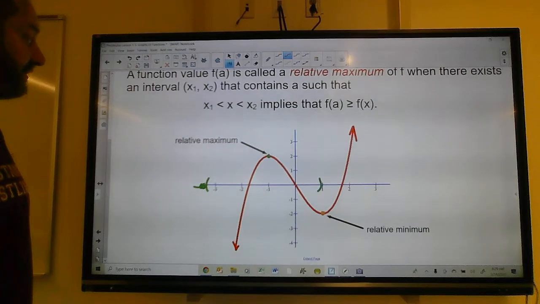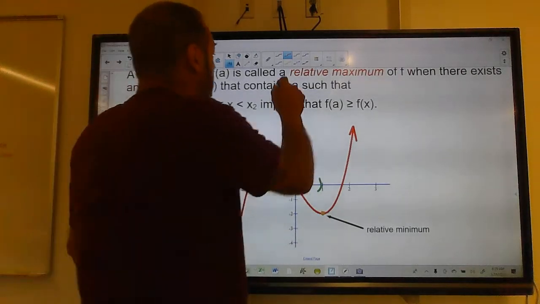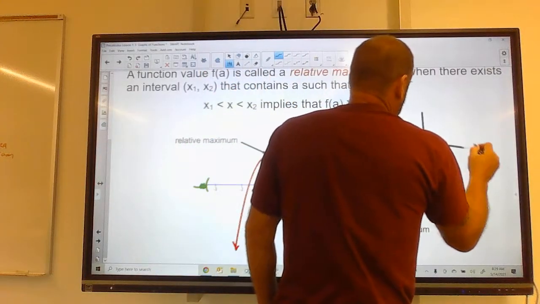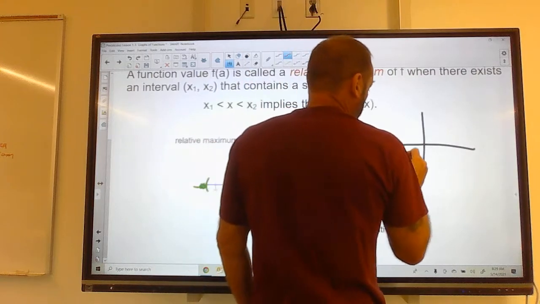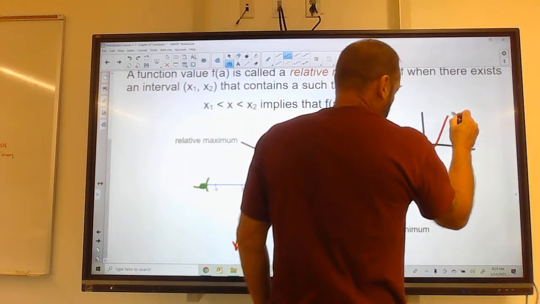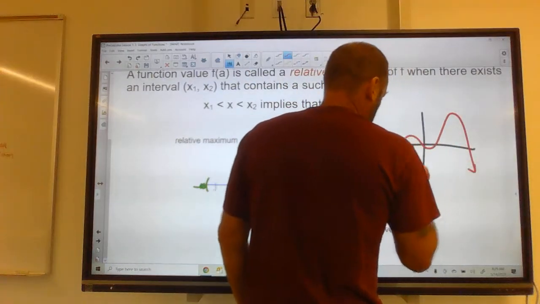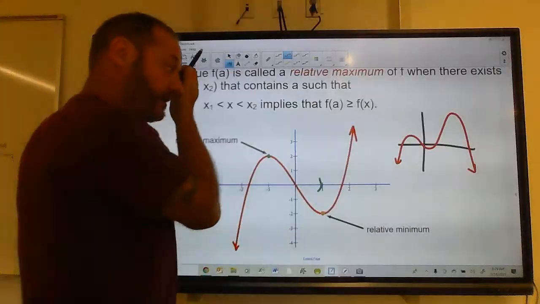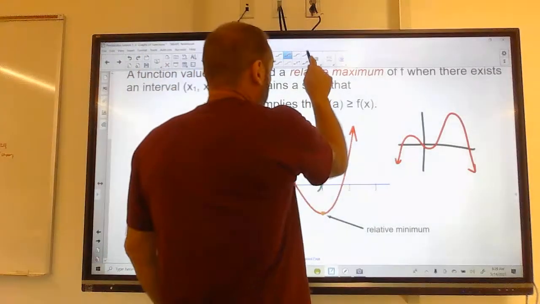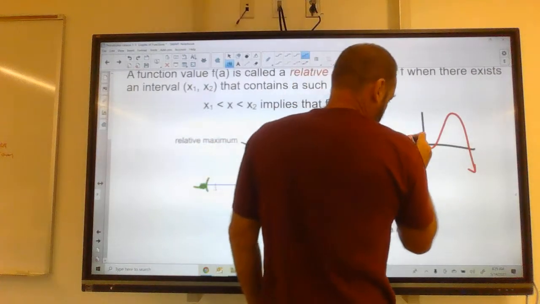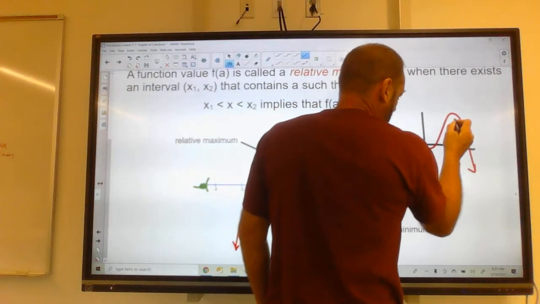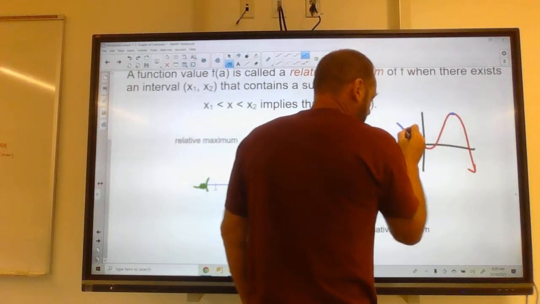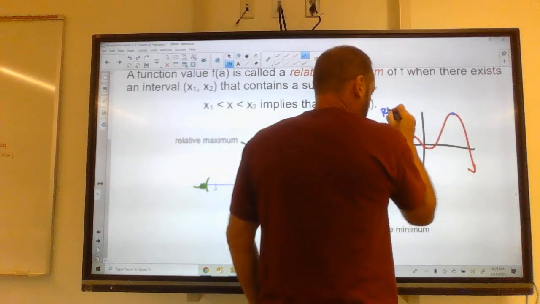Now you can have a relative maximum and a maximum. You could have a graph like this. So this function right here has two relative maxes. There's one right here, and there's one right here. This one is a relative max.